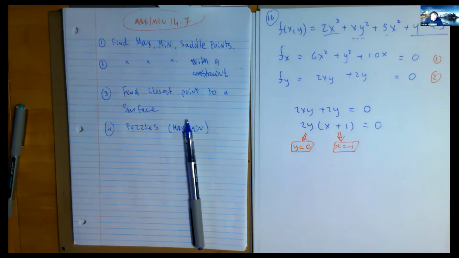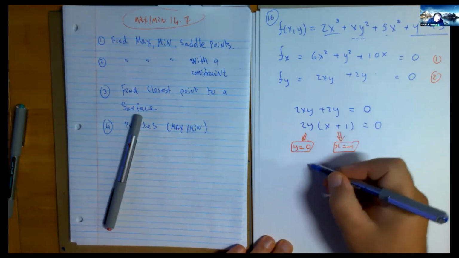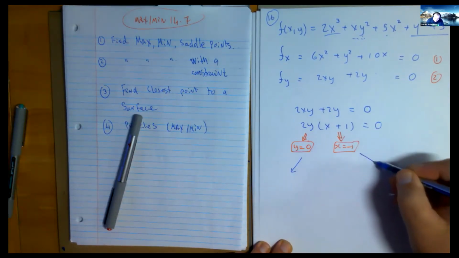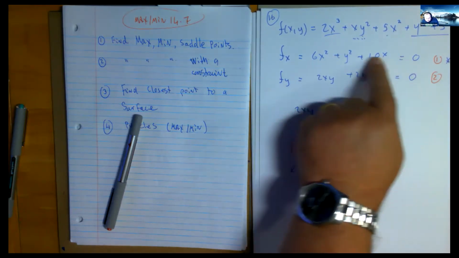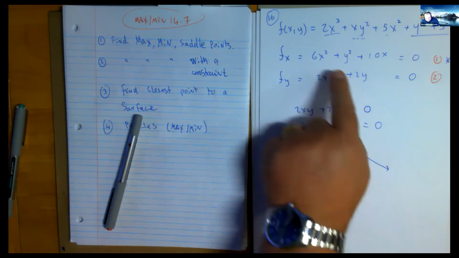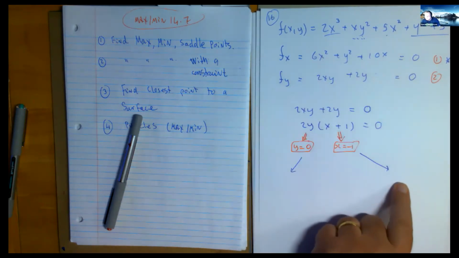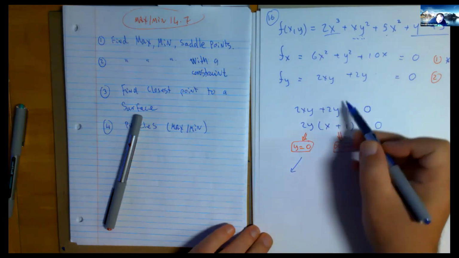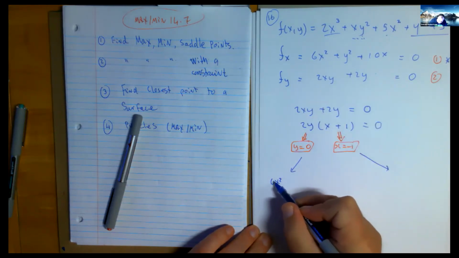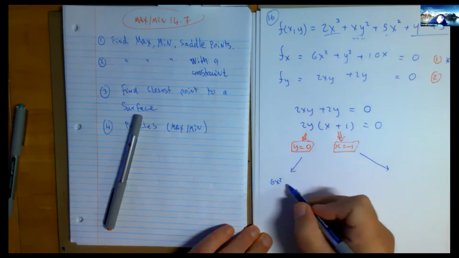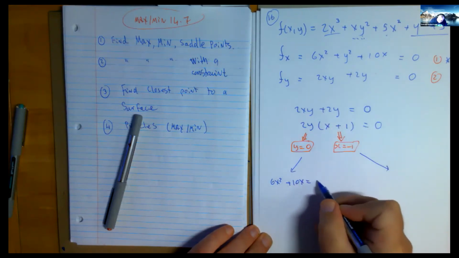Now, for each of these distinct ways, we are now going to go to equation 1, replace the y by 0 and see what we get, and then replace the x by -1 and we'll see what we get. So let's go with the y equals 0 first. That's going to be 6x squared, that doesn't matter, plus 10x equals 0.